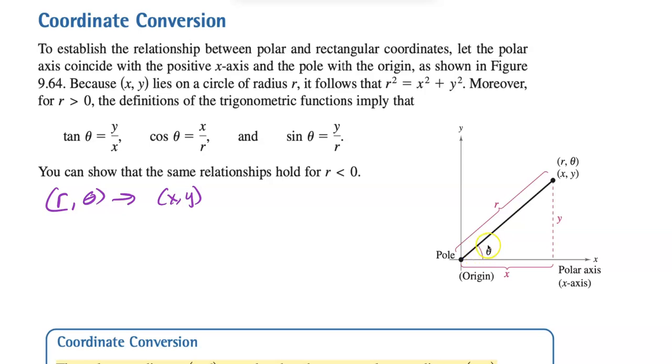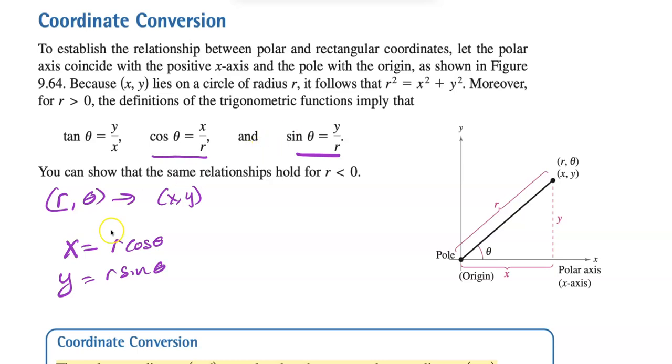Cosine of theta would get me x over r. Sine of theta will give me y over r. And if you solve that for x and solve this for y, multiplying both sides by r, you get this formula. x equals r cosine theta and y equals r sine theta.